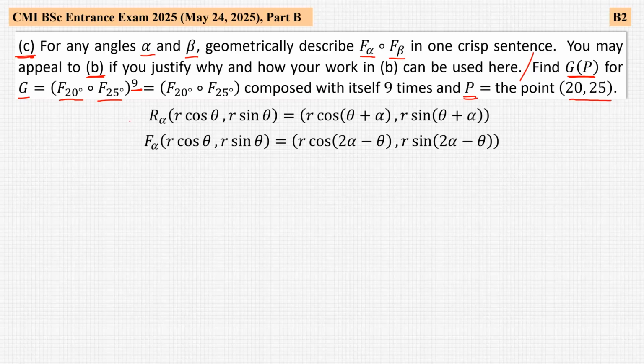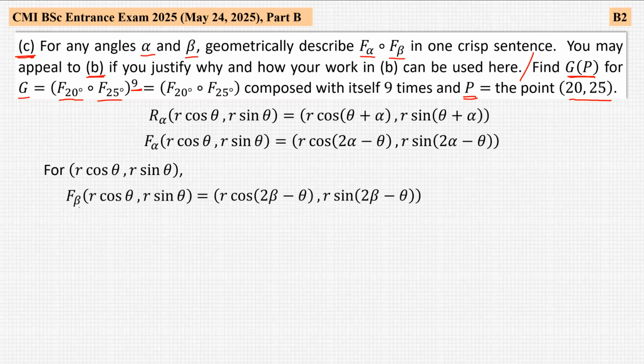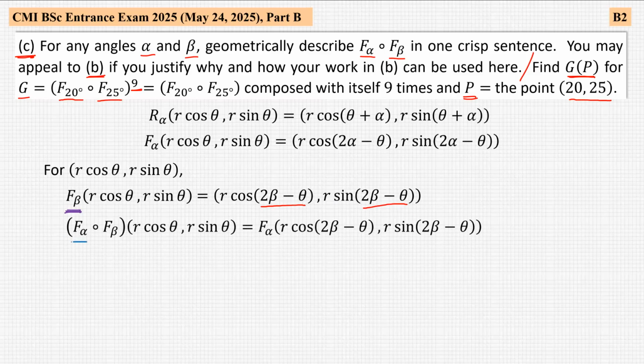Alright, so the first part, in a similar manner to the previous problem. For a general point (r cosine theta, r sine theta), we have to do f beta first, which gives the point (r cosine of 2 beta minus theta, r sine of 2 beta minus theta). Then we have to do f alpha on that point. So now the angle changes to 2 alpha minus the previous angle.